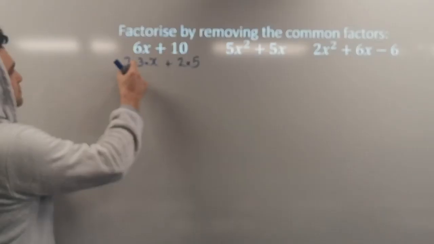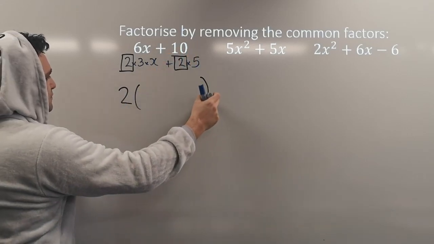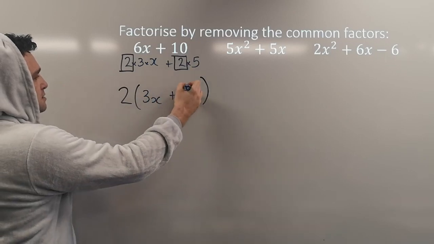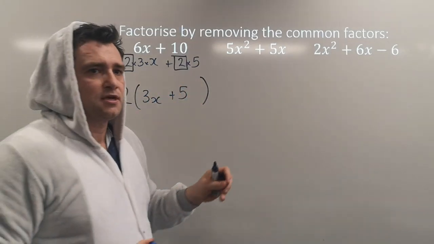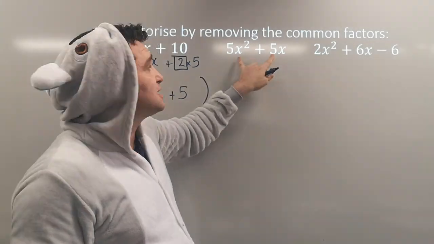If we bring the 2 out the front, we're going to be left with 3x plus 5.